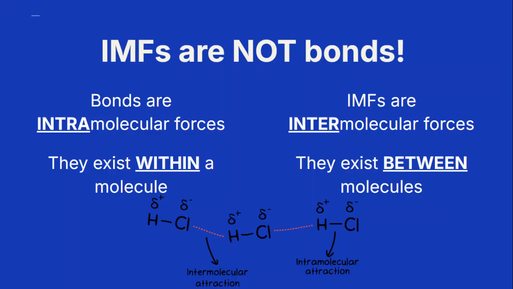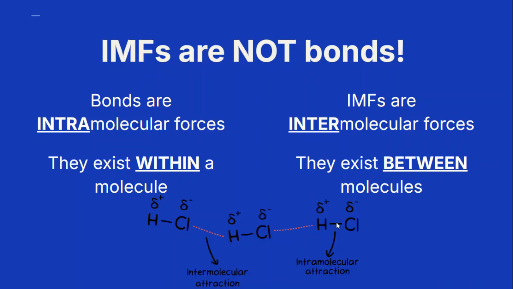So like I just said, IMFs are not bonds. They're not the same thing. Bonds are called intramolecular forces because they exist within a molecule. So like this bond between the H and the Cl in hydrochloric acid, that's an intramolecular force.